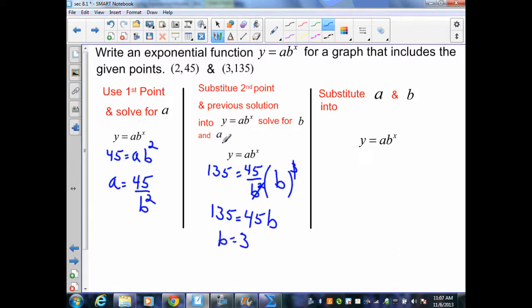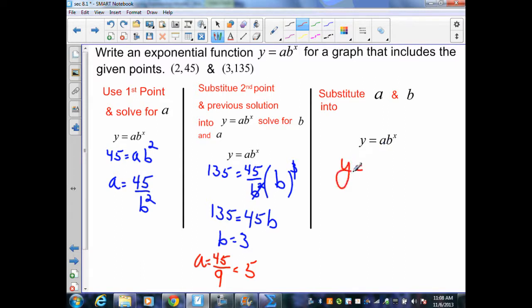Now it says I also want to solve for a, and I can do that because I know that a is equal to 45 over b squared. Well, b is 3. 3 squared is 9. So a is equal to 5. Now I just substitute a and b into my exponential function. Y equals a b to the x.